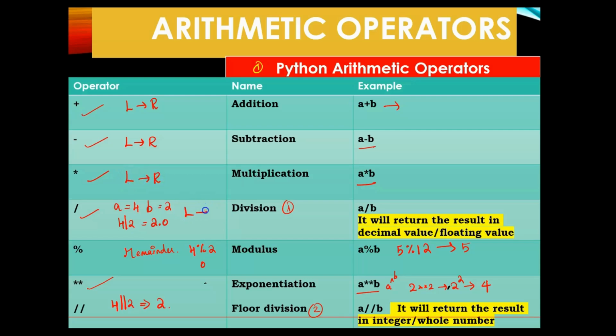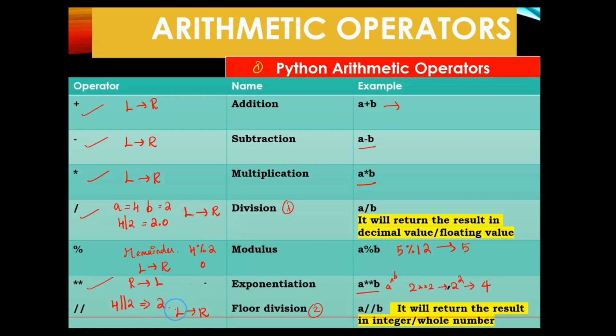So make a note of all the precedences. Modular division, division and floor division also work from left to right, but the exponentiation operator will be working from right to left precedence.